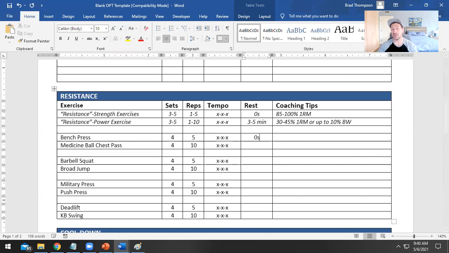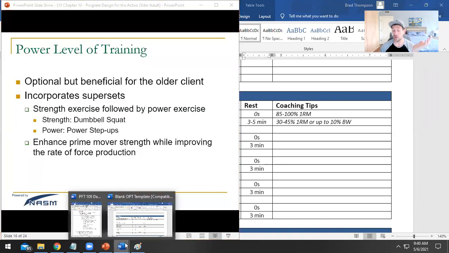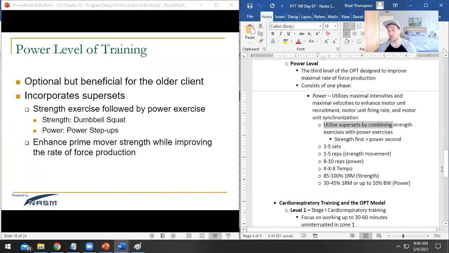And then we're going to take 0 seconds of rest after the first one, and maybe 3 minutes of rest after the second one. And that's what that looks like, right? So now we've got our classic power routine here, right? That's really great, again, at developing our rate of force production, right? So 3 to 5 sets, 1 to 5 reps, 8 to 10.